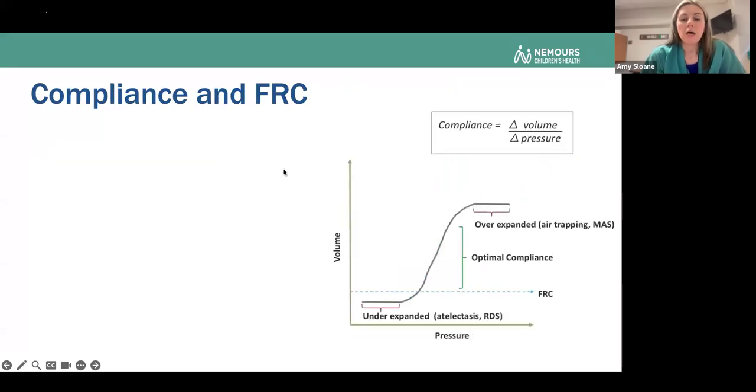Now let's for a minute look at just the inspiratory limb of that pressure volume curve to talk about FRC. FRC, functional residual capacity, is the resting lung volume at the end of expiration, where the inward recoil of the lungs balances the outward recoil of the chest wall.